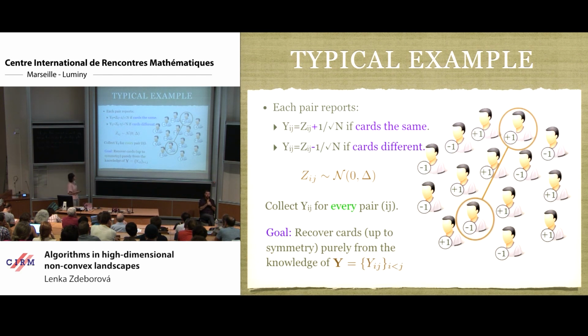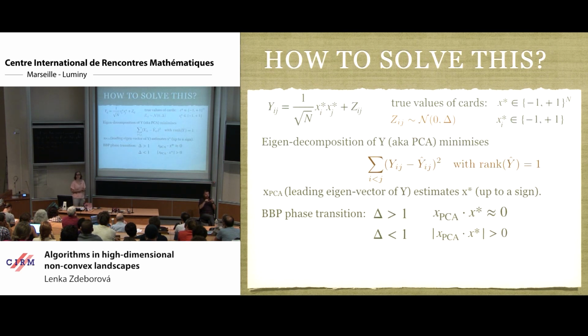So if you give such a problem to some smart student in a data science related course, what will he or she do? She will remember something called PCA, the principal component analysis, and realize that the matrix Y that I collected is actually a random matrix Z plus a rank 1 perturbation. If the random matrix Z was not there, the spectrum of this matrix Y would just be 1 non-zero eigenvalue and all other 0 eigenvalues.